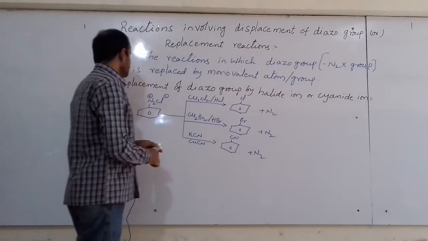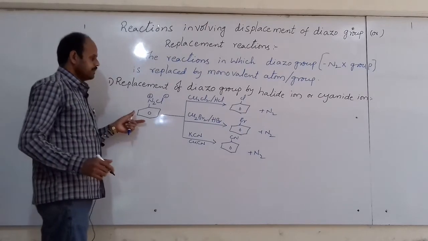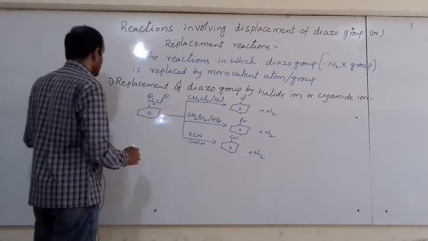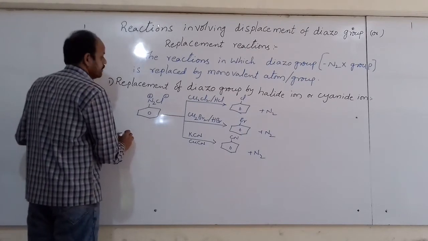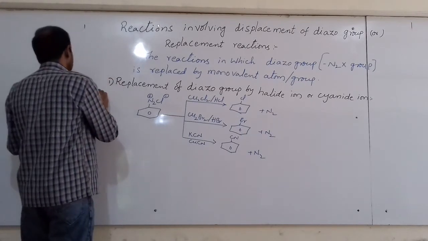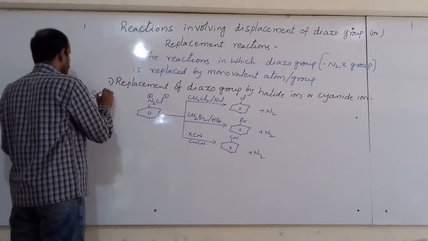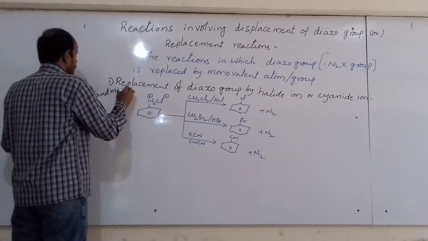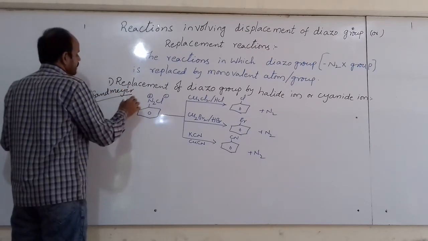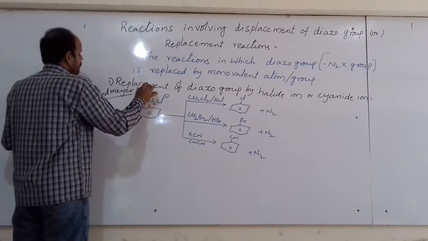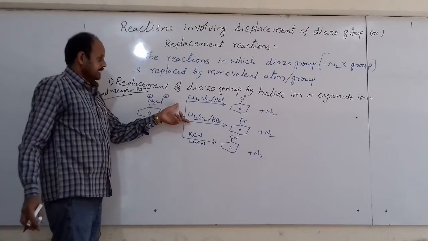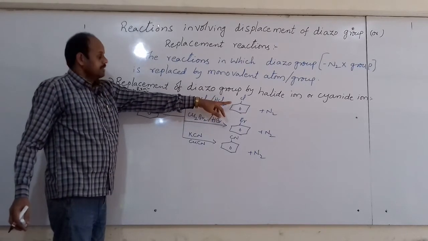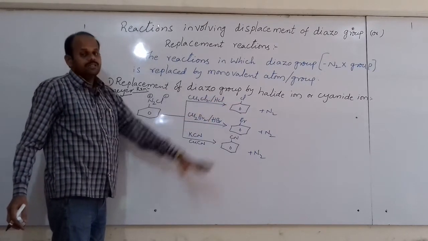What is the name of these reactions? It is called the Sandmeyer reaction. You already know the Sandmeyer reaction very well; it came in the chapter haloalkanes and haloarenes.